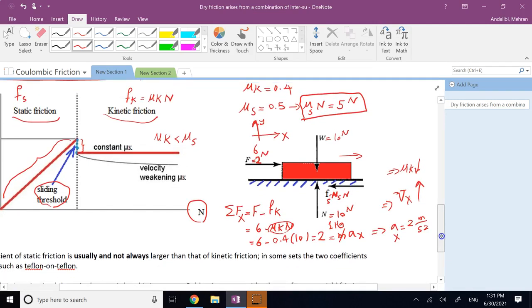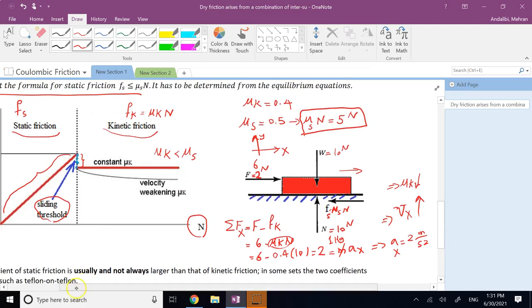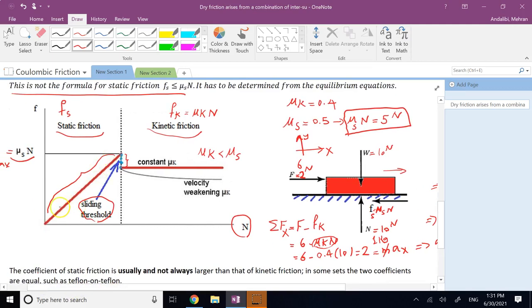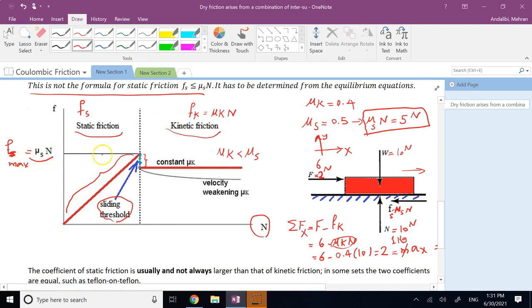So if I want to summarize this diagram, again, in the static case, there is no formula for the friction. You have to find it by equilibrium. In the kinetic case, we can assume that it is equal to mu k times N. Mu s times N is just a capacity, a maximum friction in a static position that the surface can generate.